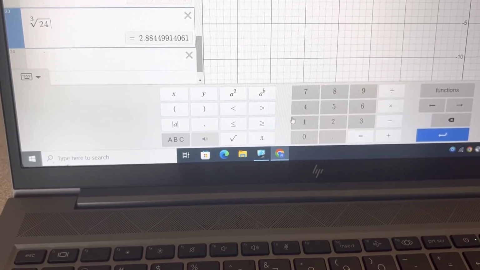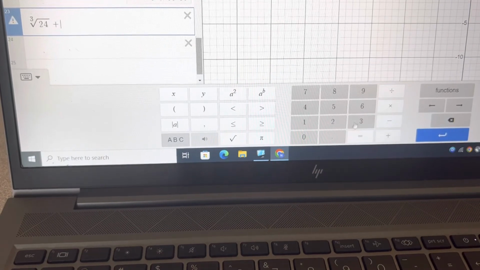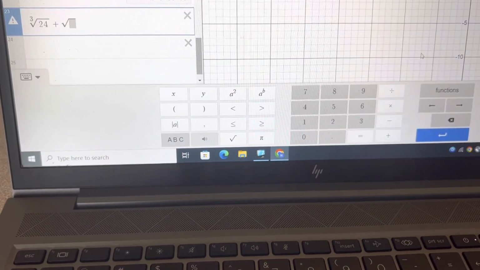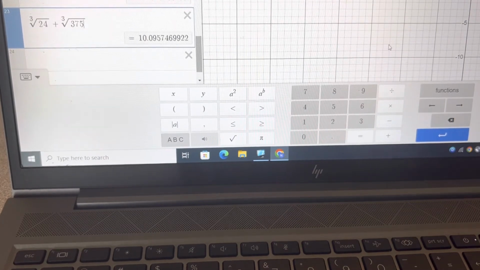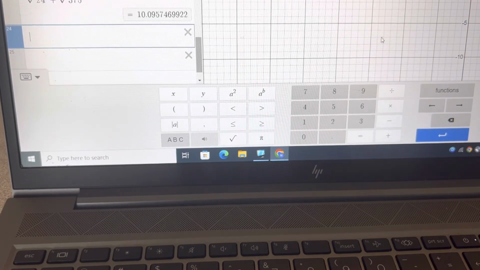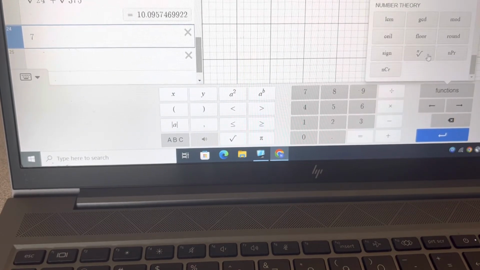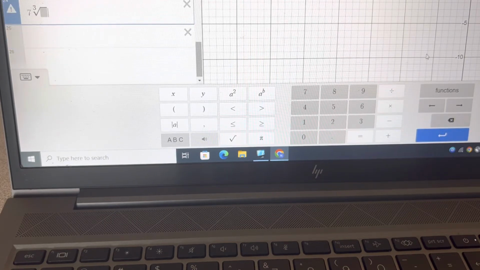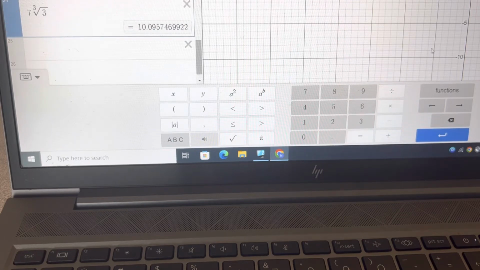Then you're gonna put plus, and then you're gonna do another cube root, 375, so you're gonna get 10.0 about. Then you're going to put your answer in, what you got, 7. It's a lot of steps, I know. And you put 3. And look at that, you got it correct.